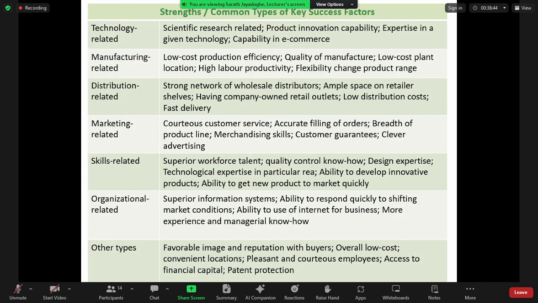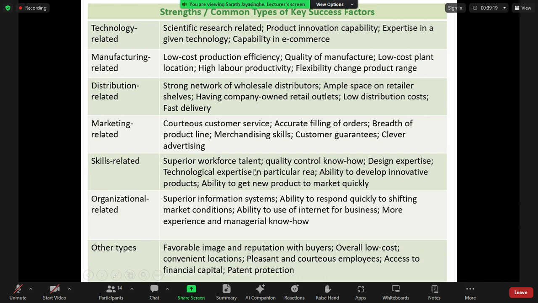Then manufacturing related, you can see low cost production, efficiency, quality manufacturing, low cost plant location, high labor productivity, those things. Then distribution related, strong network of wholesale distributors, ample space on retail shelves, having company-owned retail outlets, something like that. Then market related, courteous customer service, accurate filling of orders, breadth of product line, merchandising skills, customer guarantee, clever advertising.